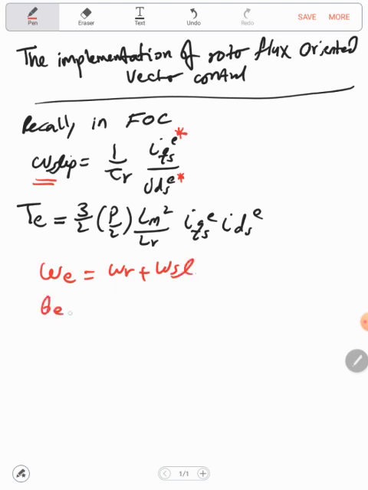So theta E is equal to the integration of omega E d tau, which will equal omega R plus omega slip d tau.